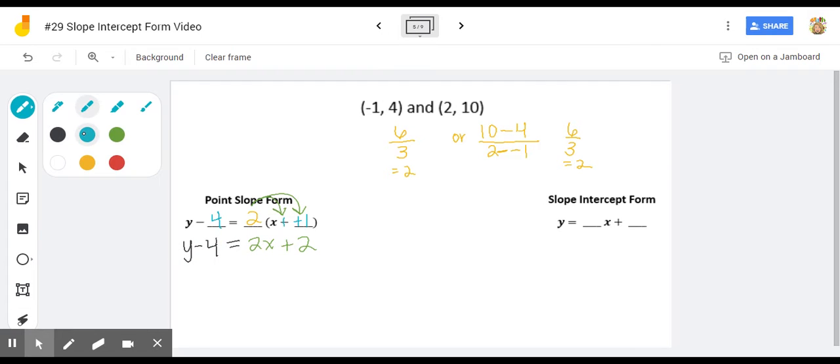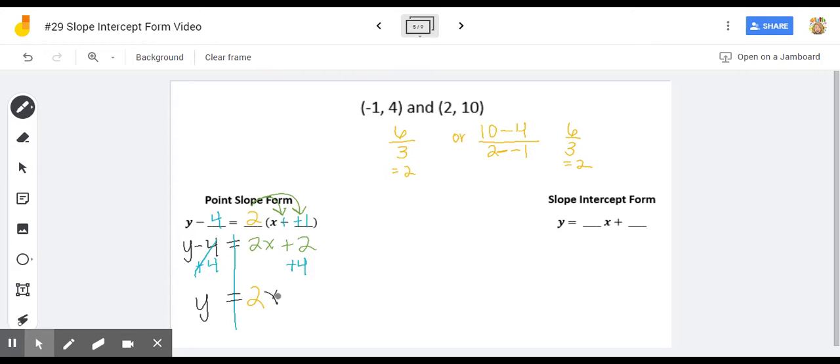And then we undo that operation of minus 4 by adding 4 to both sides of our equal, which ends up leaving us with y equals our slope of 2x, and then 2 plus 4 ended up giving us 6 at the end.